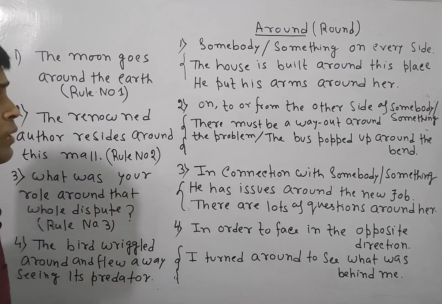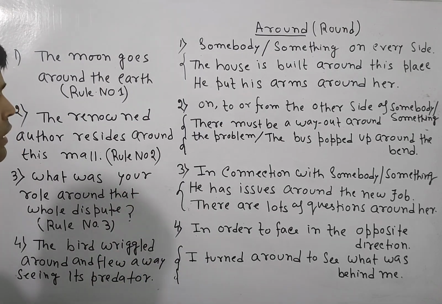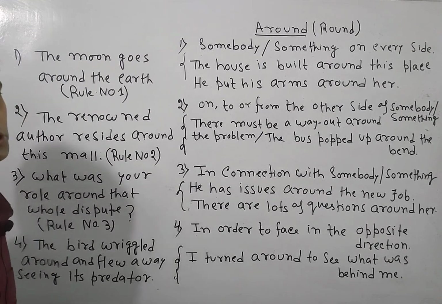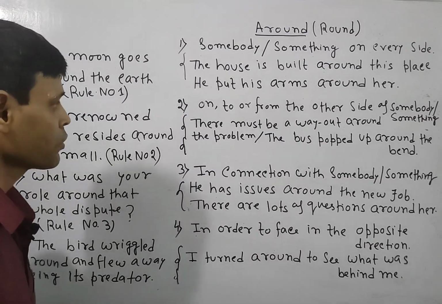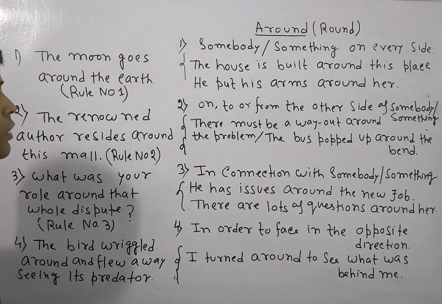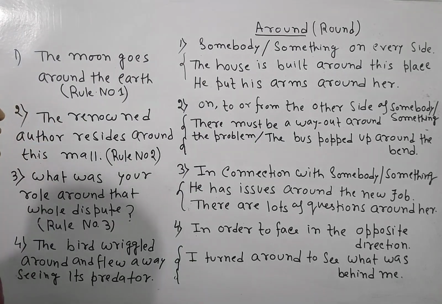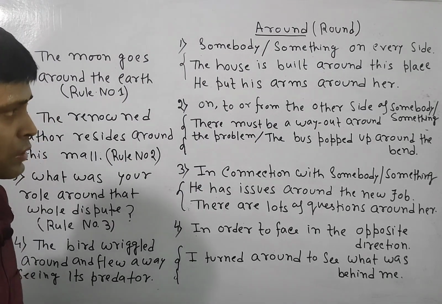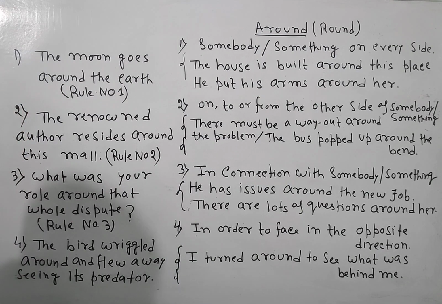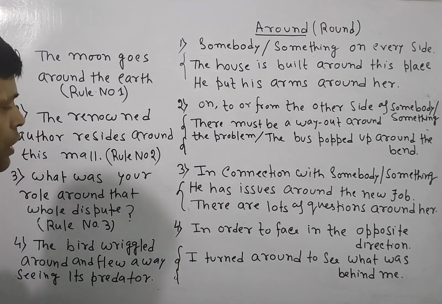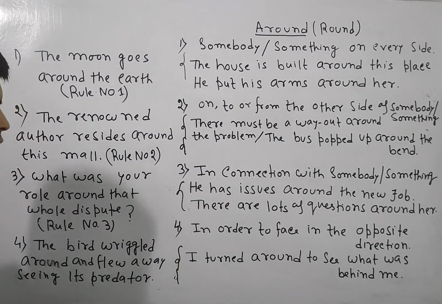Now if I look over all this again, in case of mentioning somebody or something on every side, we can easily write the preposition around. In the second rule, while mentioning from the other side or on the other side or to the other side of something or somebody, we can easily choose the preposition around. Here are the examples. And in rule number 3, in connection with, there are many examples.